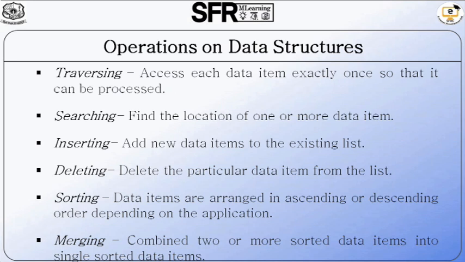Two sorted lists of data items can be combined to form a single sorted list of data items. Example, to delete particular student details, search the list of students to find whether the record exists or not. If it exists, find the location where it is present, and then the details can be deleted from that particular location.